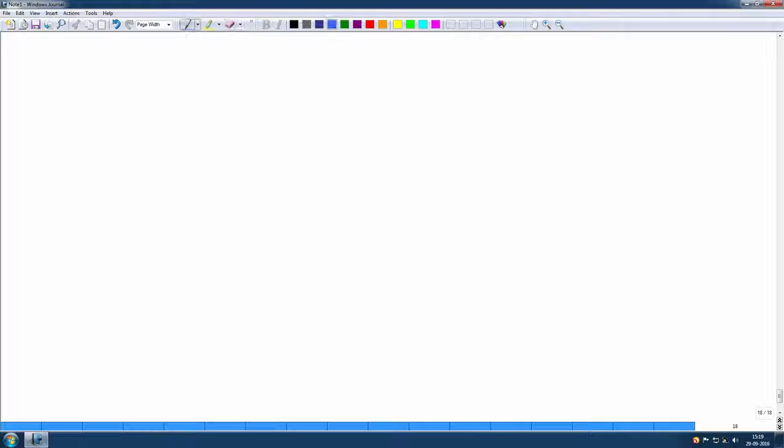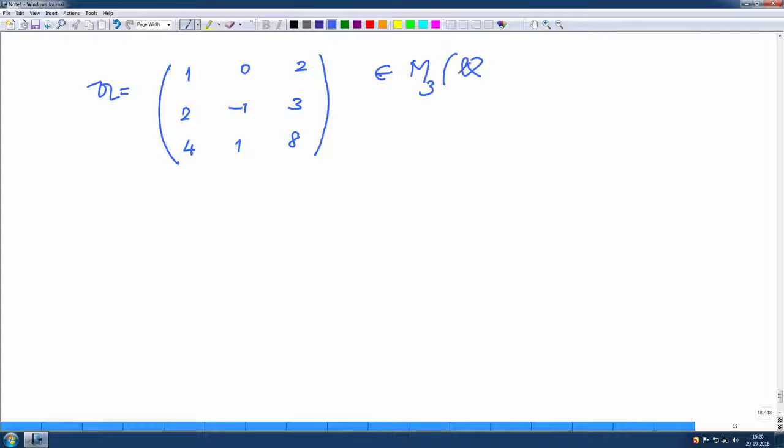Suppose I take a matrix like this A, 3 by 3 case, 1 2 4, 0 minus 1 1 and 2 3 8. This is a 3 by 3 matrix with rational entries. And suppose I want to decide whether it has an inverse, whether the inverse exists or not, etc.